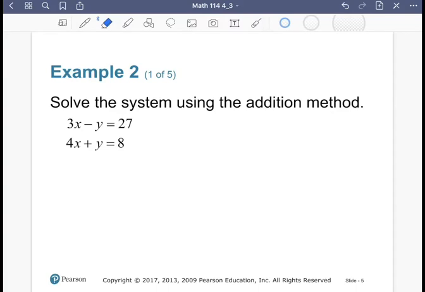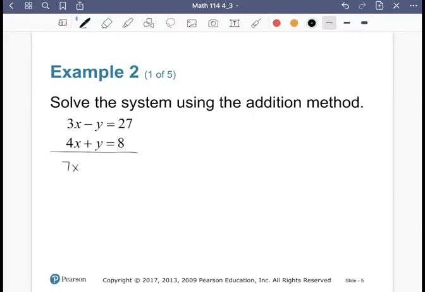Okay, so for example 2, we have 3x minus y equals 27 and 4x plus y equals 8. You can notice that the y's are already canceling each other out, and that the equations are both in standard form, so they were really polite to us this time, and we can start by immediately adding to eliminate one of the variables.